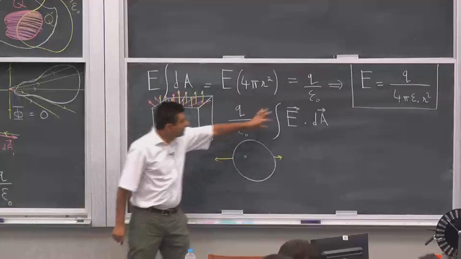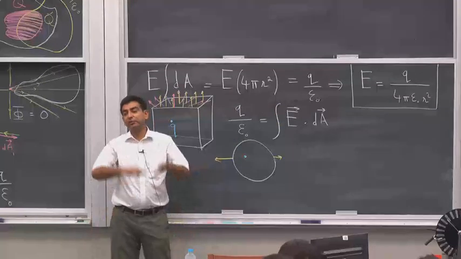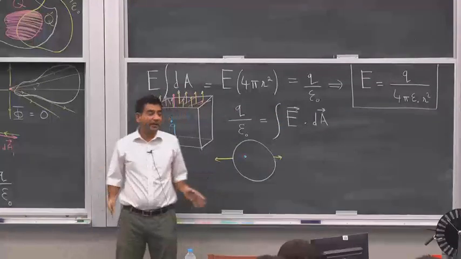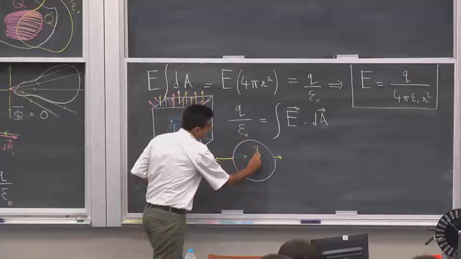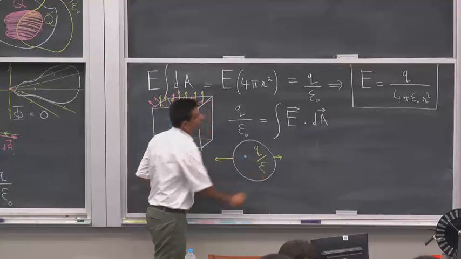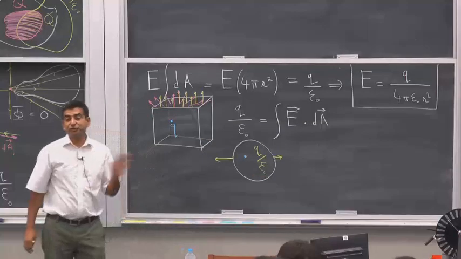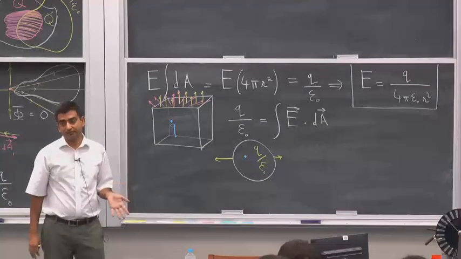Therefore, you cannot pull out the electric field from the integral. It no longer is a constant over this surface. So even though Gauss's law is still valid and the flux through this surface is still given by Q over epsilon naught, you cannot use Gauss's law to your advantage, because the choice of the Gaussian surface is poor.